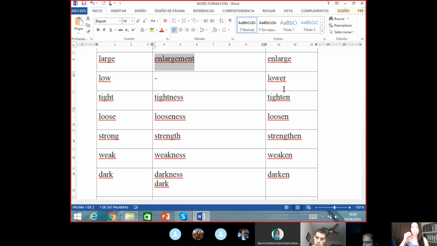So for example, you've got on your mobile phone a photo, and when you zoom in, you want to enlarge the photo so that you can see it better. You make it bigger, so you enlarge the photo. Enlargement would be amplitud, something like that.